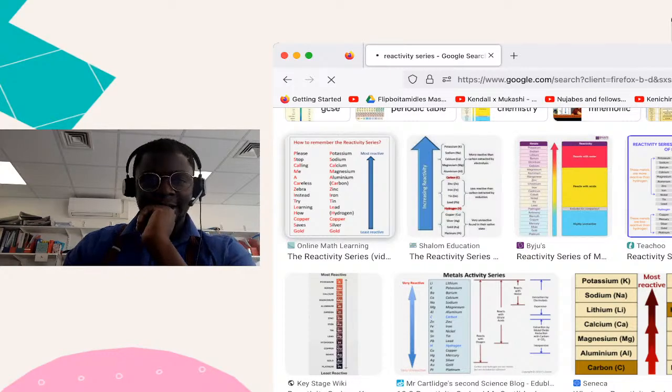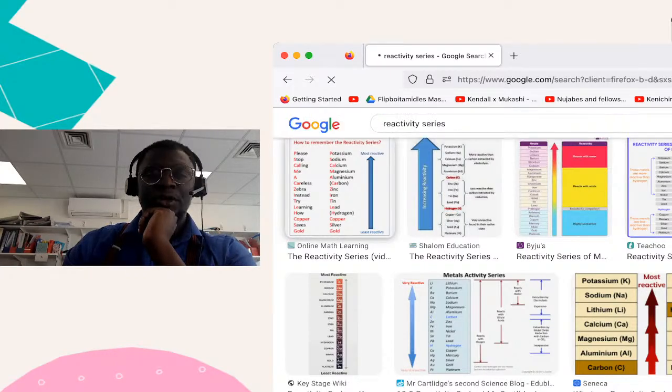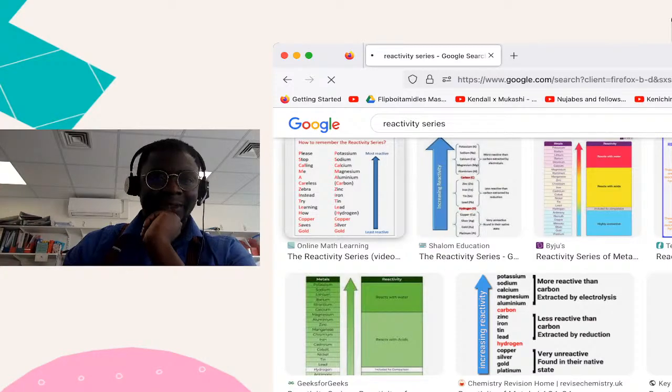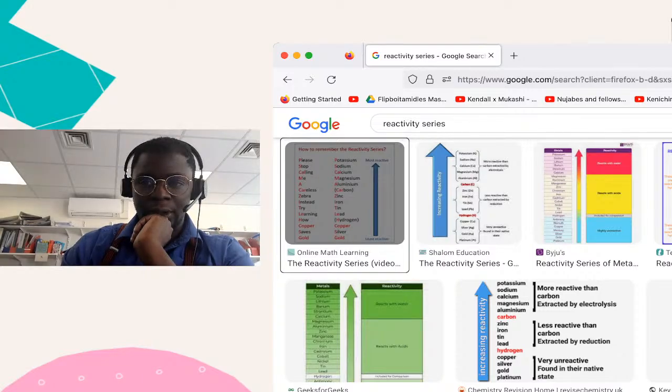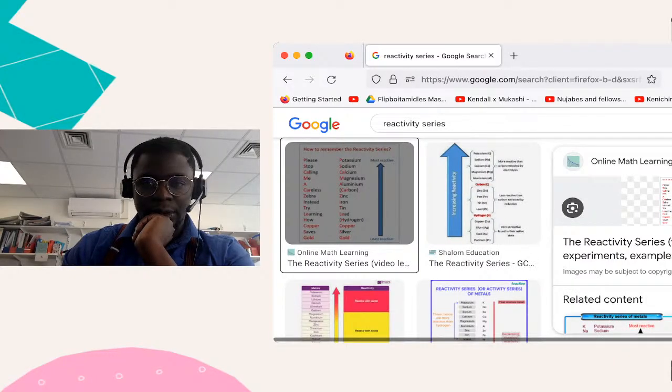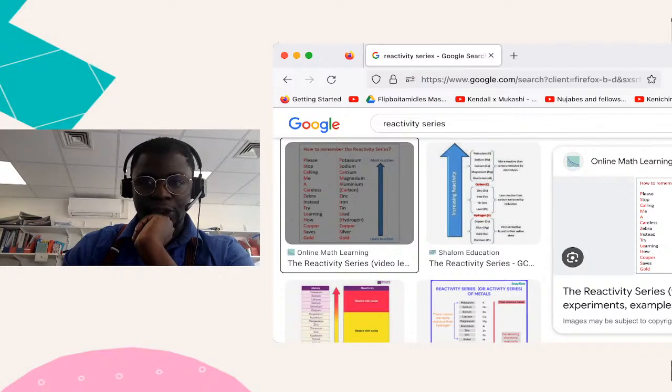Anytime I open a new window, my laptop does lag a little bit. It is an older laptop, it's a MacBook. There we go. Here's an example. So you should be able to see that hopefully. I'm just trying to drag it. I don't think it's moving. No, it's not moving. Fine.